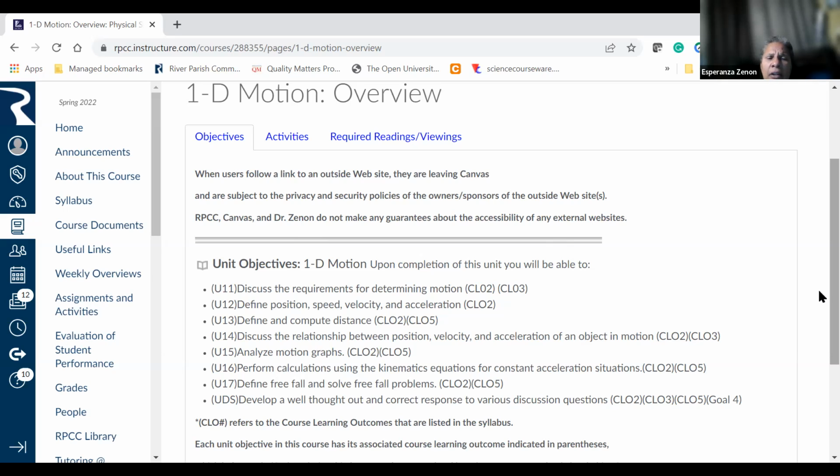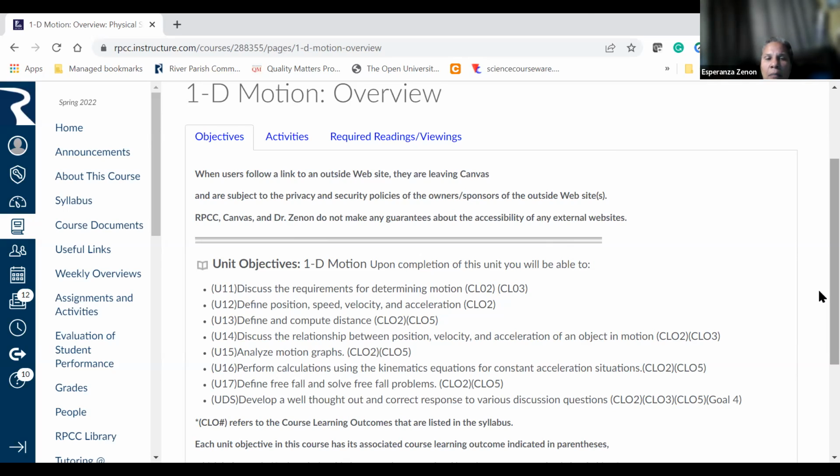We'll look at a particular type of motion, free fall. We'll understand what free fall is, and then how you use the understanding of free fall to solve problems regarding the motion of our object.